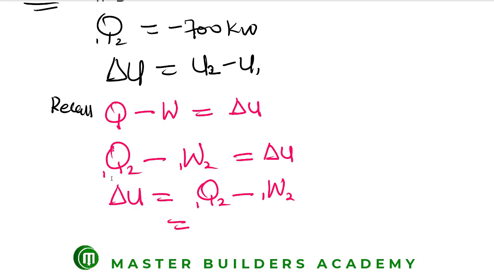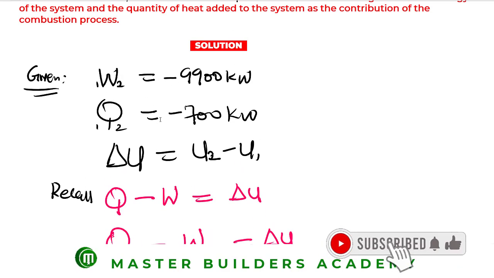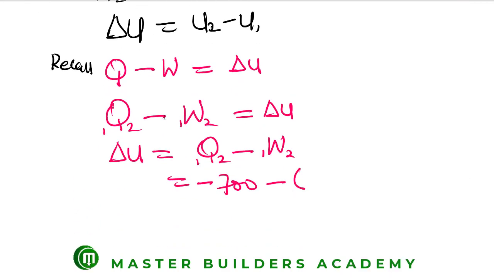All right. So what is our Q1 to 2? It is minus 700. So put in minus 700, then minus our work done, as you can see here on this process 1 to 2, is 9,900. So we'll put in the value here, 9,900. All we just need to do now is to simplify it. So this becomes minus 700 minus, sorry, we have negative here.